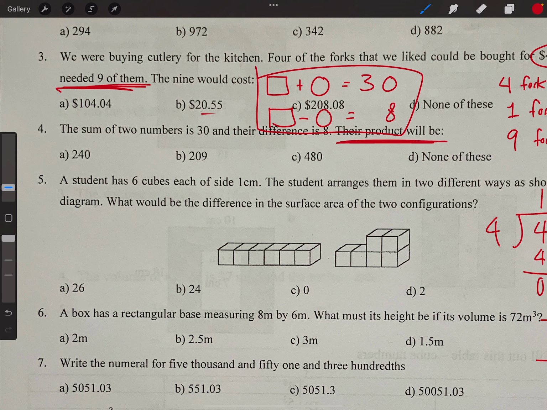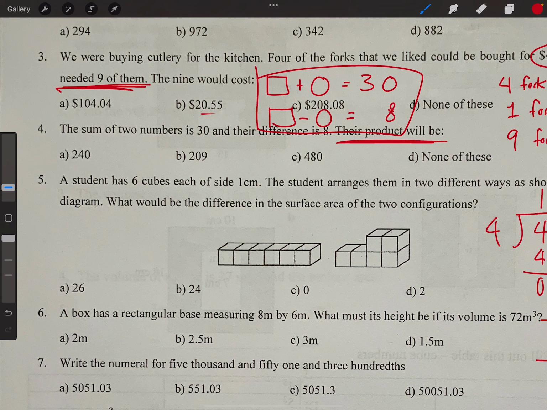Just count it. 1, 2, 3, 4, 5, 6, 7, 8, 9, 10, 11, 12. Now there's 6 on each of these sides, right? So the front face has 6, the top has another 6, the back has another 6, and the bottom has another 6. So there's four sides times 6. That gives me 24.